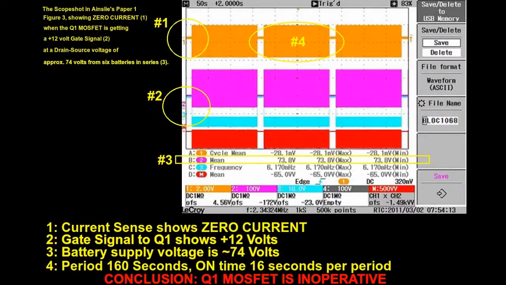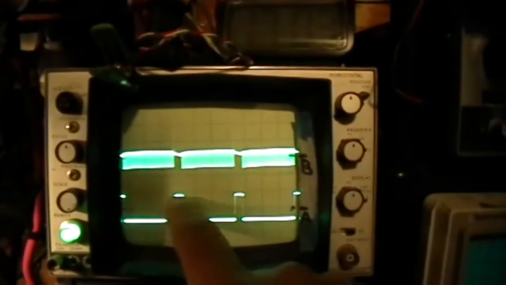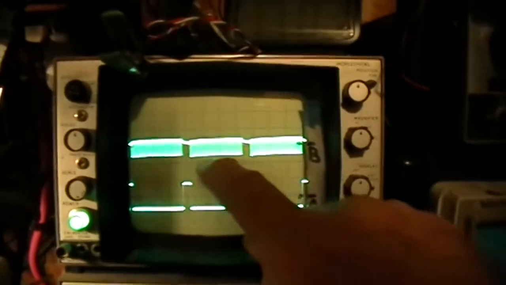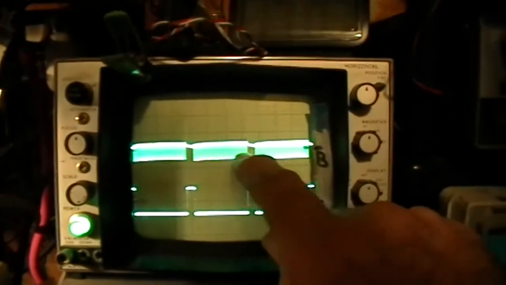You get enough drive from the gate drive, but you get essentially no current flowing during the Q1 periods when it should be on.